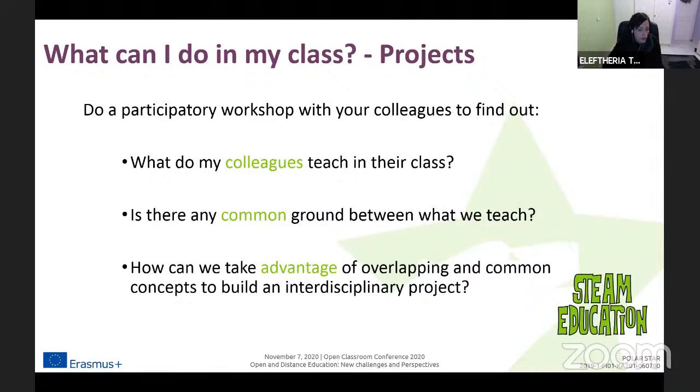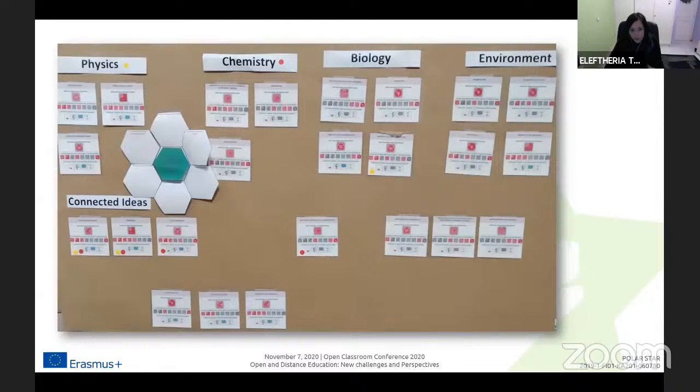How can you take advantage of overlapping concepts to make big interdisciplinary projects out of it, or maybe just make references to each other's lessons and build bridges during everyday teaching?